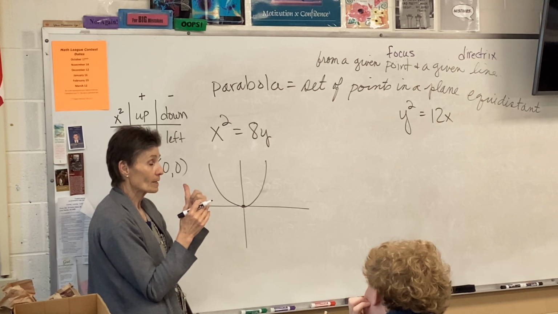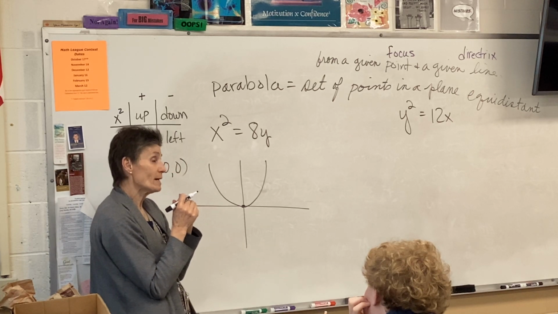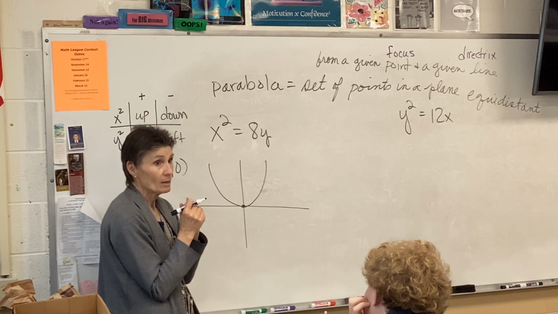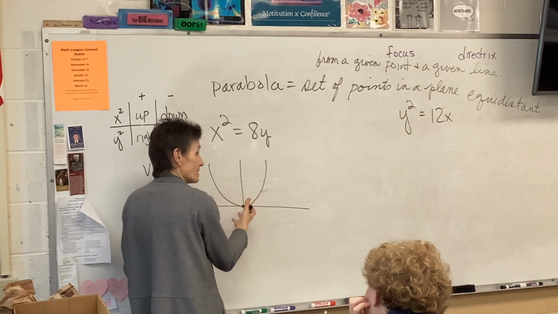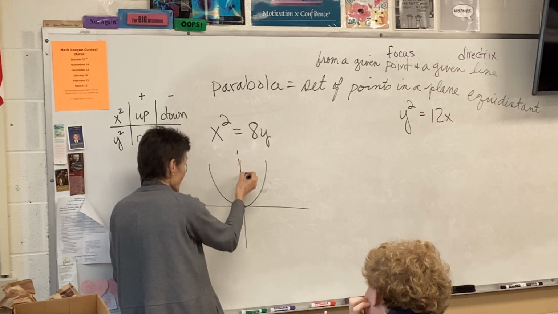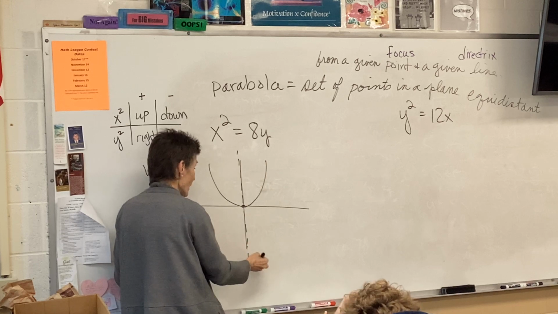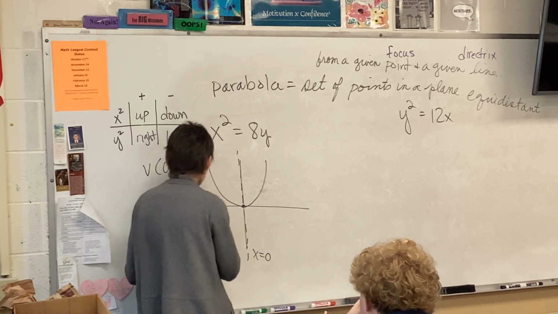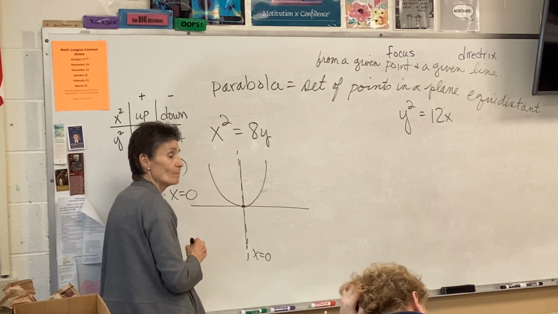Because the focus is always located inside the parabola on the axis of symmetry. Now, for us, would you all agree that this is my axis of symmetry? That is the equation where x equals 0. So my axis of symmetry is x equals 0.